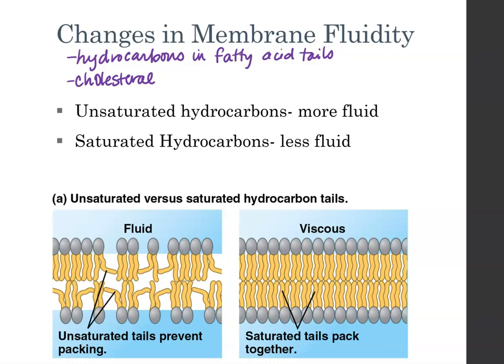So if we have more unsaturated hydrocarbons, remember an unsaturated hydrocarbon is one that has a kink in the tail, those membranes are going to be more fluid. And the reason that they are more fluid is that those unsaturated tails prevent packing, or close packing, of those phospholipids.